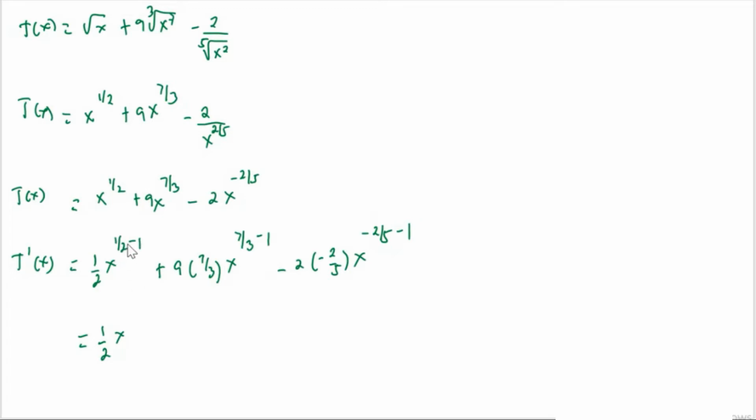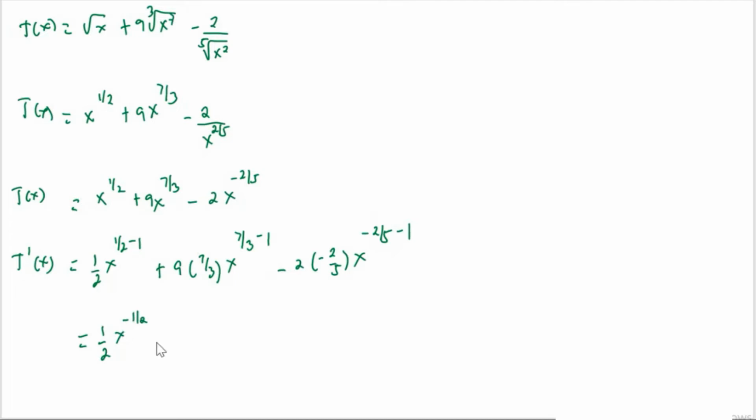So 1 half minus 2 over 2. Since the rule in adding or subtracting similar fractions is to subtract the numerators and copy the denominator, 1 half minus 1 is equal to negative 1 half.